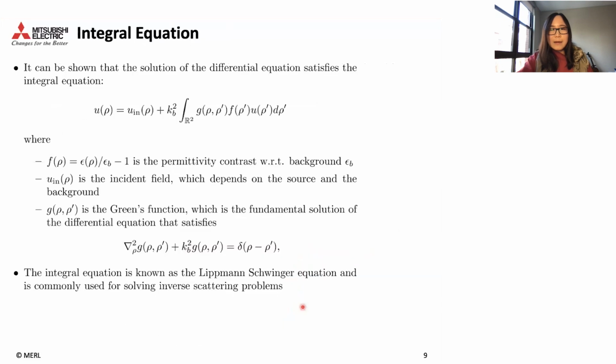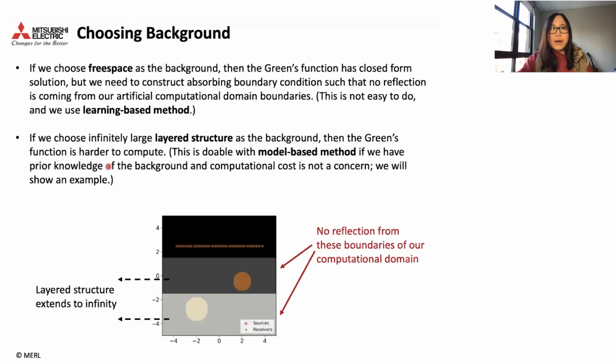So I mentioned this background permittivity. There are actually two ways to select the background. We can consider the free space as the background, but although we plot our permittivity map within this bounded domain, in reality the ground is infinitely large. So this layer structure extends horizontally to infinity.